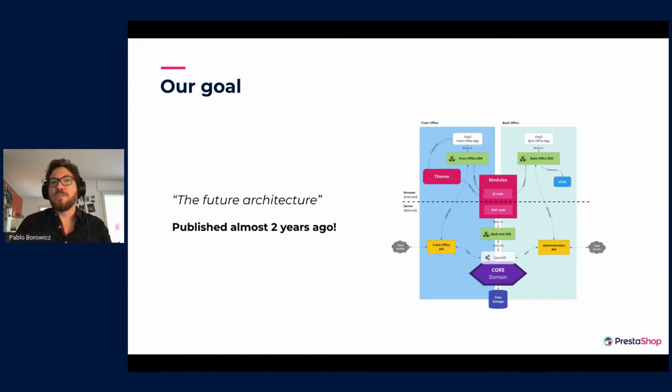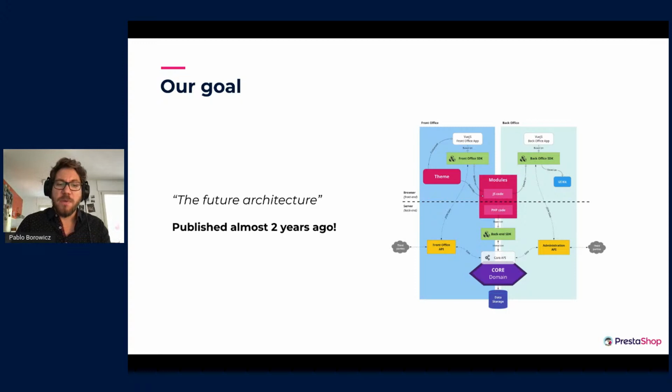So it's been 2 years that we communicated what our long-term vision is in terms of our architecture. So we know where we are going. And there's a lot of stuff to do to get there. Many of those projects were already started in 1.7, as I said.